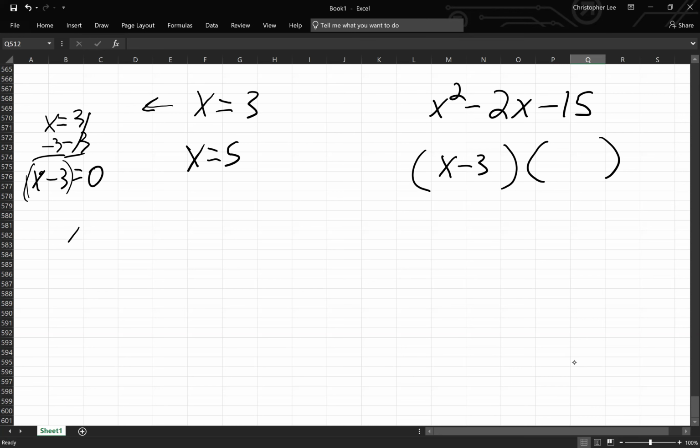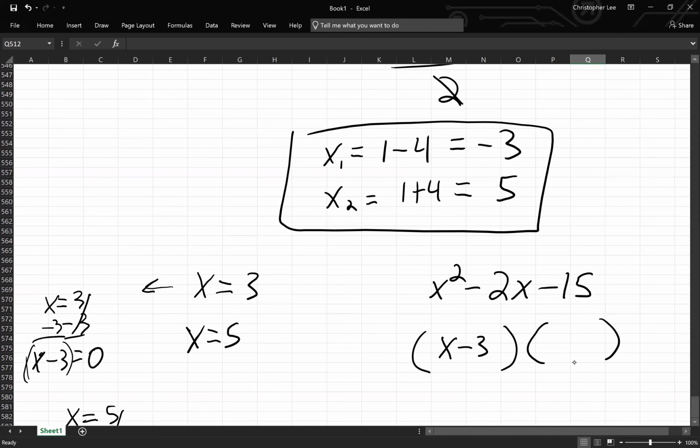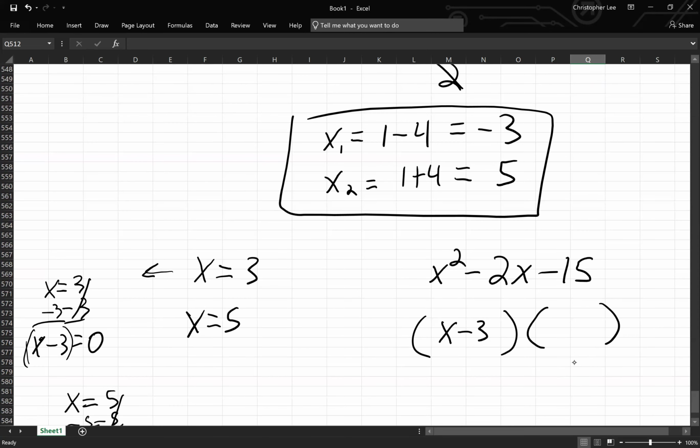Let's say I had x equals 5. Very simply, just subtract 5 from over here, subtract 5 from over here. This becomes what? x minus 5 is equal to 0. Hold up, I made a mistake.